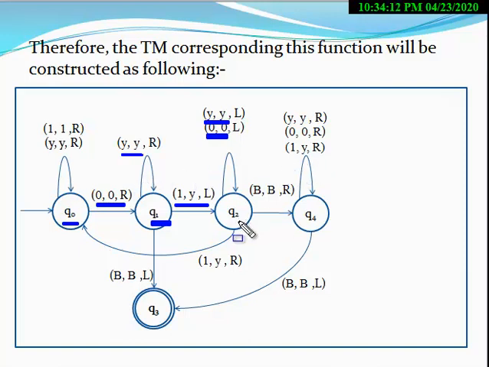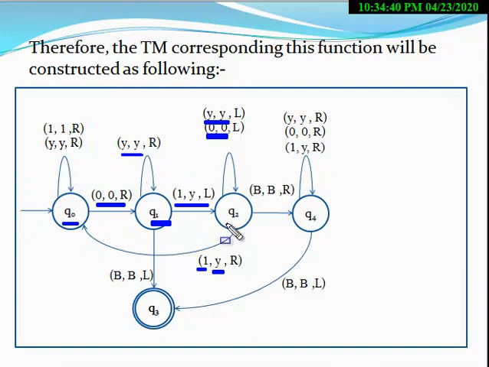But at the state Q2, when 1 appears, 1 is replaced by Y and the machine moves in the right direction, and also changes its state from Q2 to Q0, right? So this is a complete cycle.